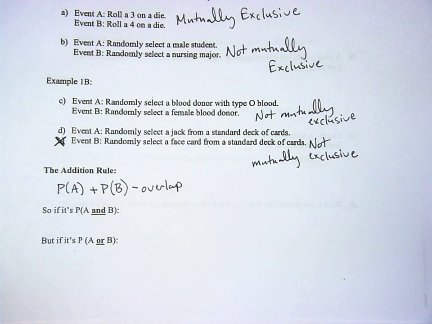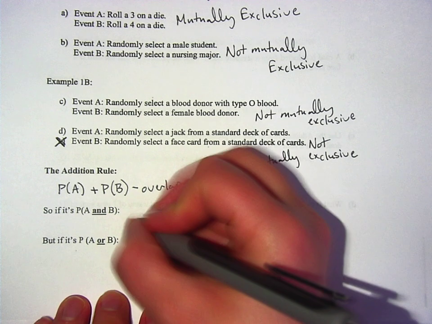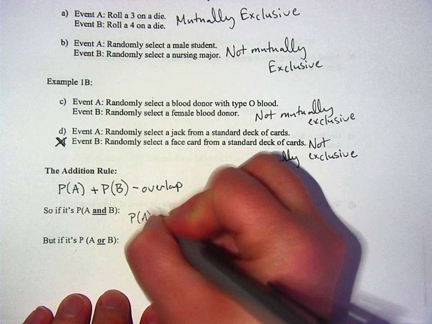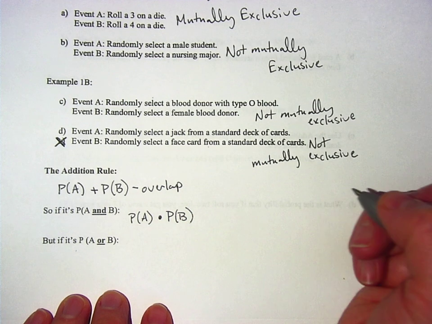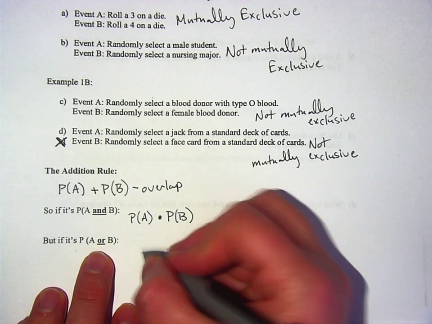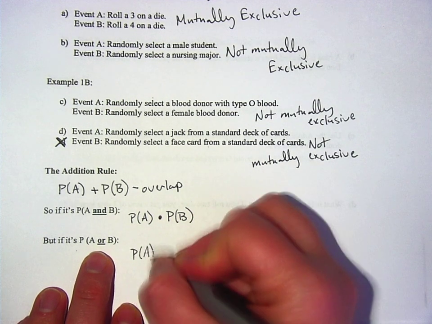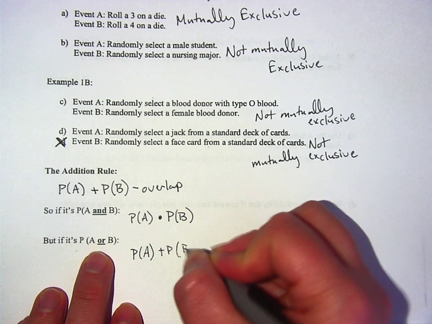So what does it mean when you see and in a probability question? Multiply. You take the probability of A and you multiply it by the probability of B. But if you see or, it's adding. Probability of A plus the probability of B minus the overlap.